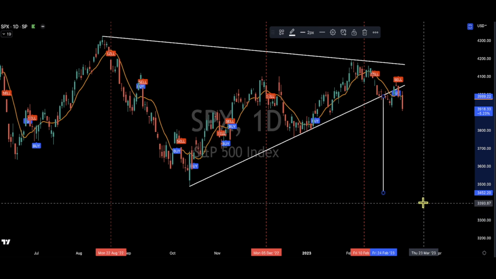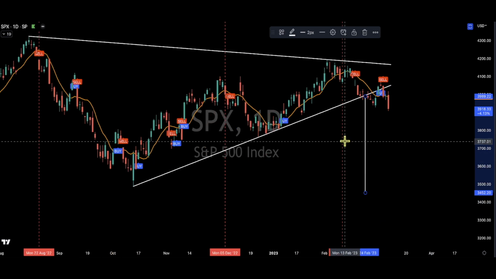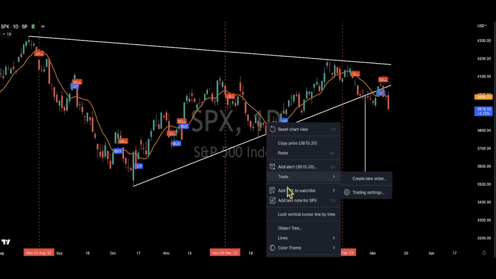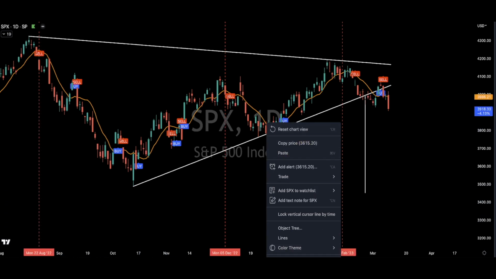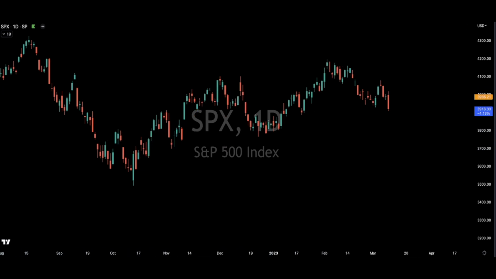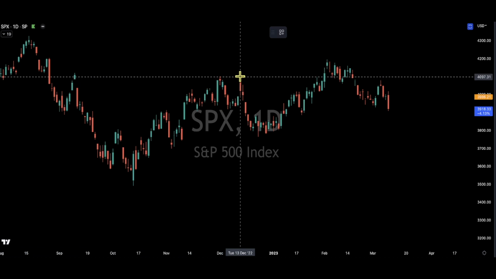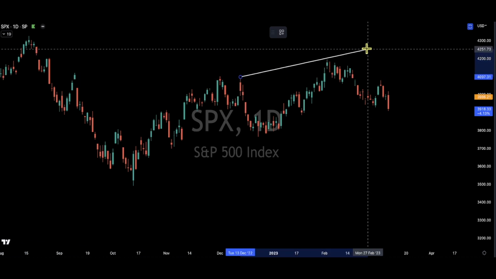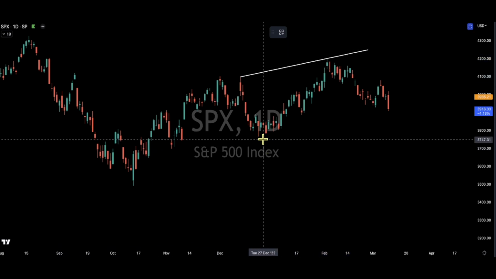Now there are other ways to chart this, so I'm going to show you that in a second. If I wanted to go with something more recent, I don't want to go back all the way to last year September, that's fine. Let's look at that. Now we can take off our indicators and go to something closer to today's date.